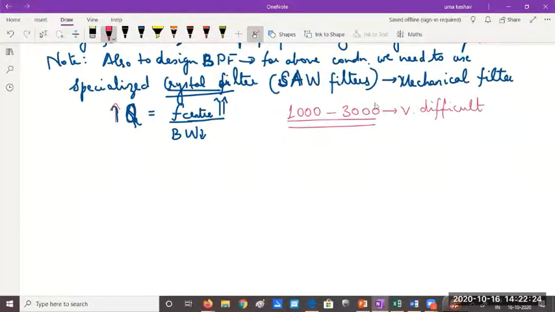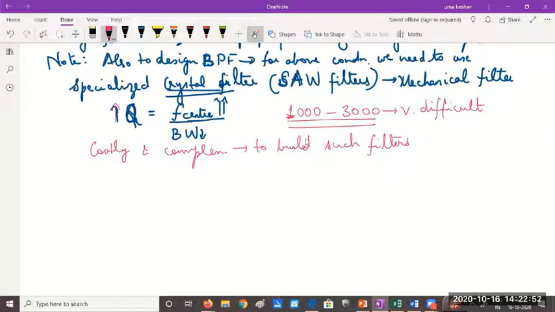So to design and build such filters, it would be very complex and costly also. You would have a very costly and complex implementation, okay, so costly and complex to build such filters.